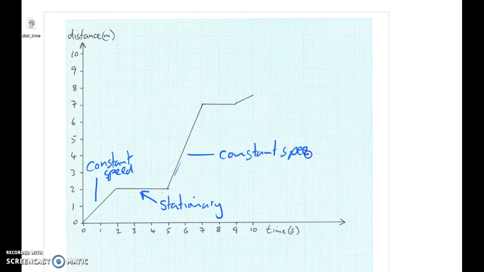It's actually a faster constant speed than the first bit because it's steeper. That means it covers a bigger distance in a given time. And then again, when it's flat, it is stationary. And then again, we've got constant speed.